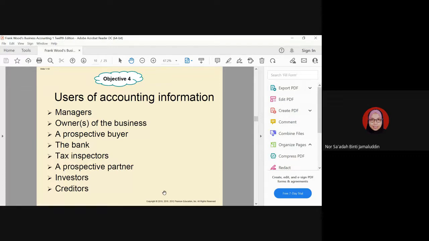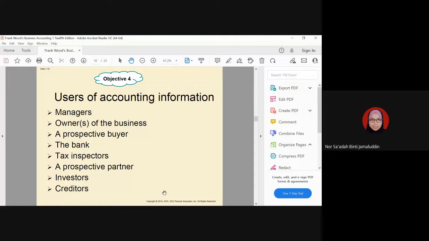Apart from that, a user of accounting information is the bank. If you want to expand your business to the next level, you may need huge capital, and you can get it from the bank. From the bank's side, the bank must refer to your accounting information in order to decide whether to lend you money or not.